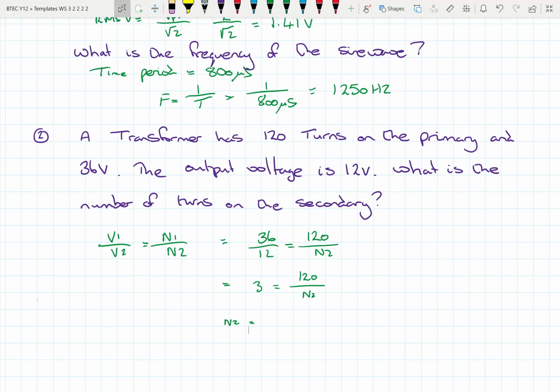Marvellous. So there we have it. So we've got 3 is equal to 120 over N2. So let's make N2 the subject of the formula so we can swap these two round. So 120 divided by 3 is 40. And if you want to work it backwards, we were always looking for less turns on the secondary, weren't we? So we know we're in the right ballpark.